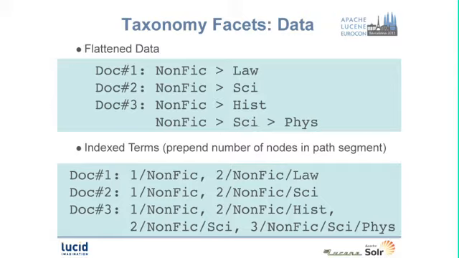And what we want to do is index a token for every length of path starting at the root and going to the node. So for our nonfiction law document, we first index nonfiction by itself, and then index nonfiction law as another token. And additionally, we prefix this token with its length, the path length. And we'll see why on the next slide.